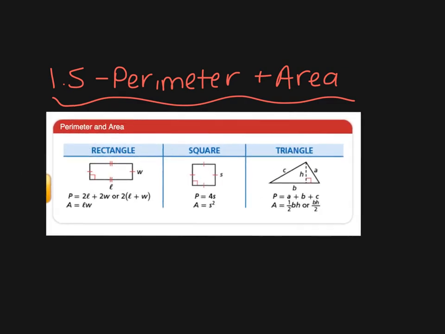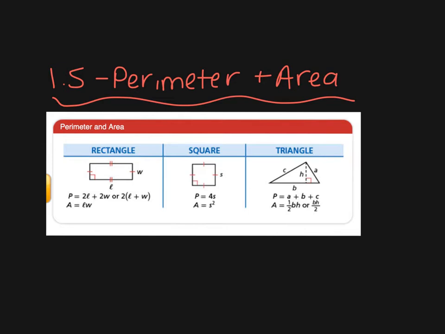Which are the rectangle, the square, and the triangle. So the perimeter of a rectangle would be twice the length plus twice the width. And the area of the rectangle would be length times width. The perimeter of a square, because all four sides are the same, would be 4 times the length of a side. And the area, because length and width are the same, would be side squared.